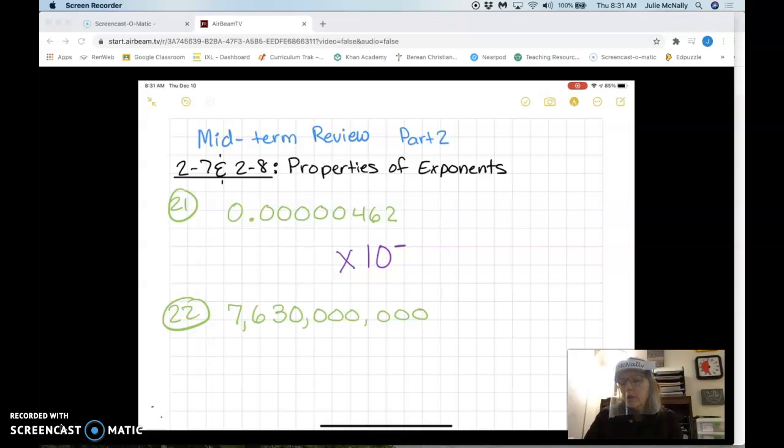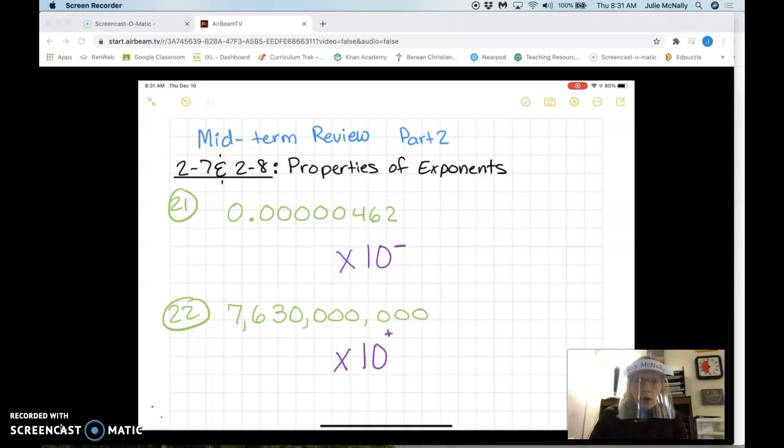So when you write scientific notation, it's always times 10 to the something. So when you see a very small number like this decimal in number 21, it's going to be a negative exponent. When you see a very big number like number 22, it's going to be a positive exponent. So I'm just going to write that there to remind you.